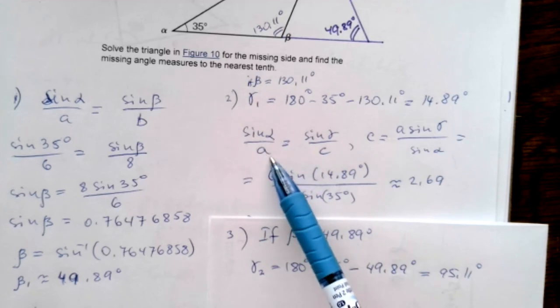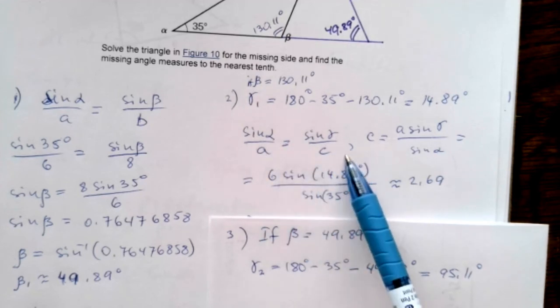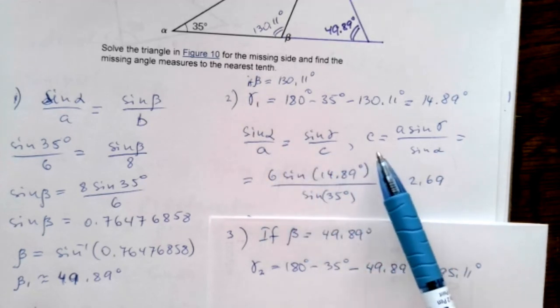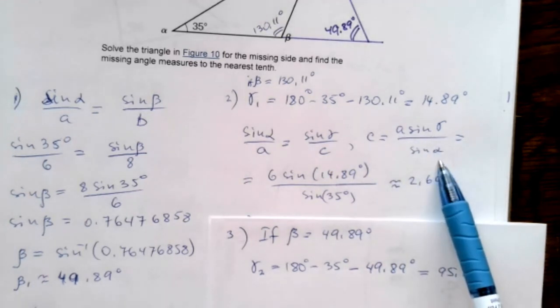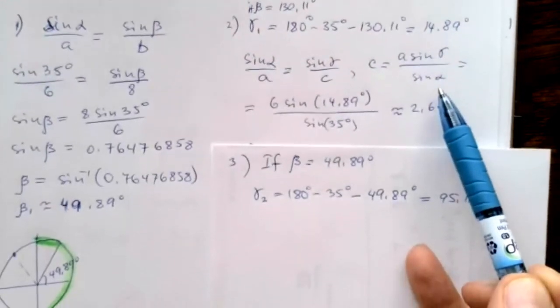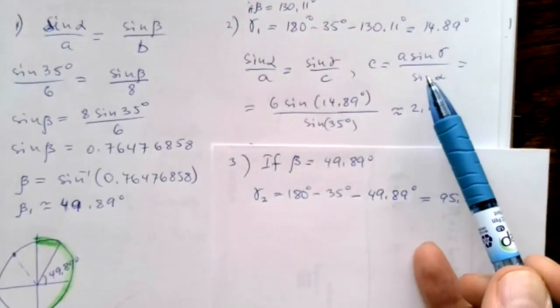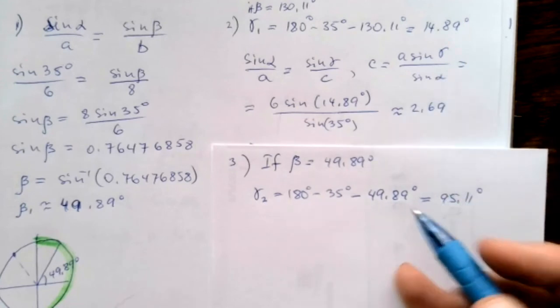Now we're gonna set up our ratio in the same way that we did right here. Sine alpha over A equals sine gamma over C, and C equals A times sine gamma divided by sine alpha. Now let's plug in the values here.